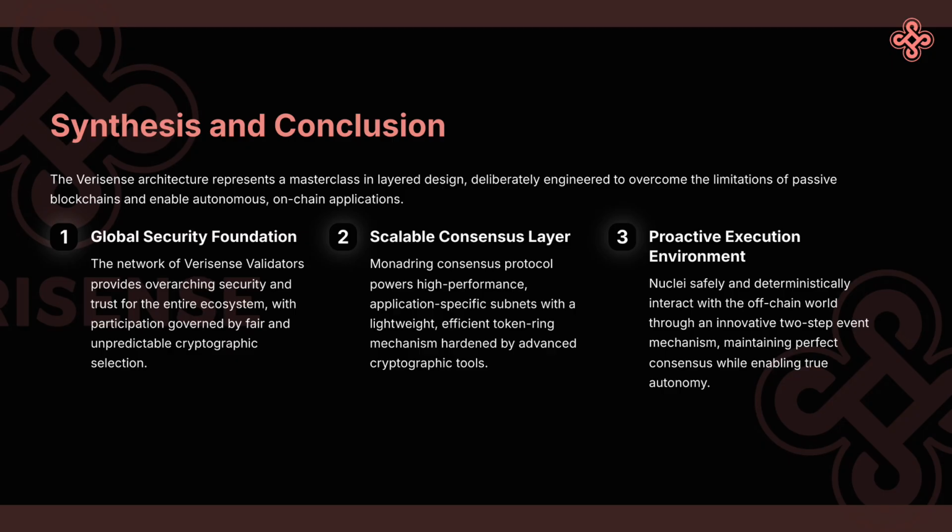Through a novel two-step event mechanism, the nuclei are capable of safely and deterministically interacting with the off-chain world. They handle timers and retrieve external data while maintaining seamless consensus among their validators. This structure forms the basis for the future development of decentralized AI, intricate financial agents, and genuinely autonomous on-chain systems.